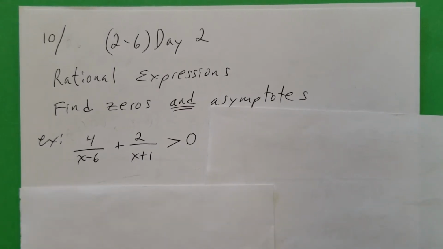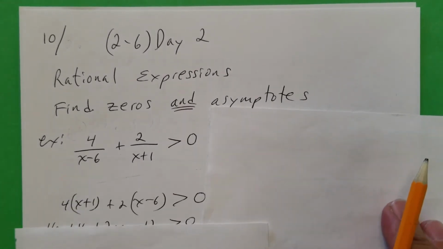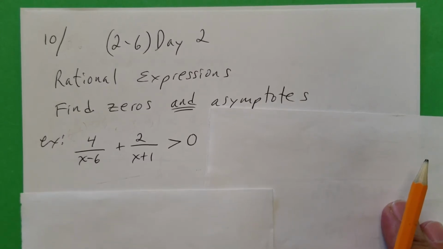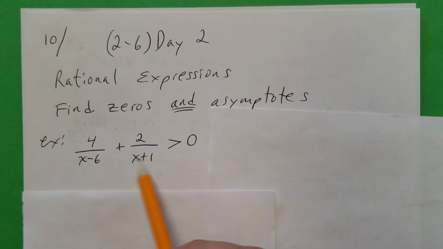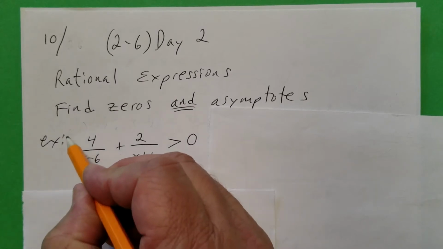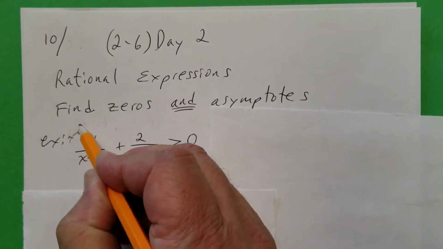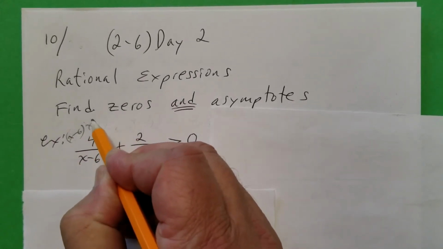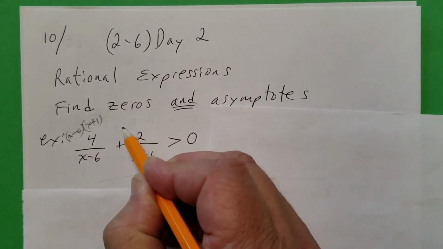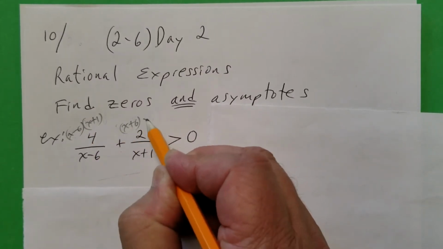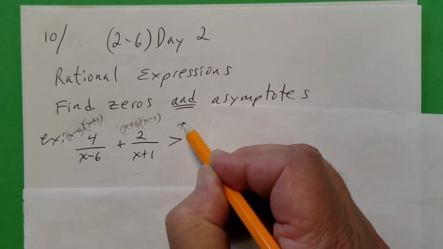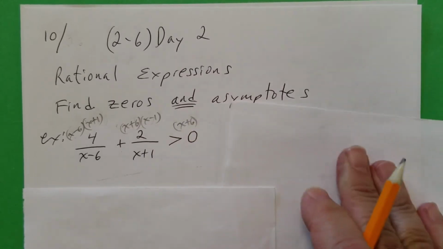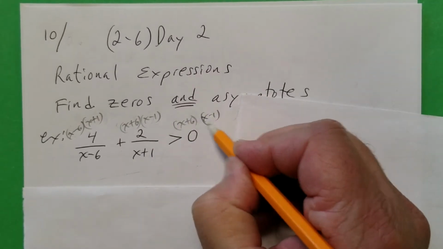Let me cover this up again. The common denominator is these two things put together, so my common denominator is x minus 6, x plus 1. I'm multiplying everything by x minus 6, x plus 1.